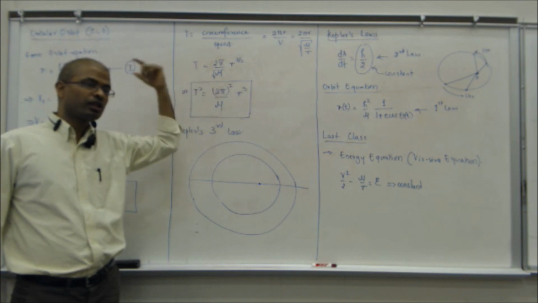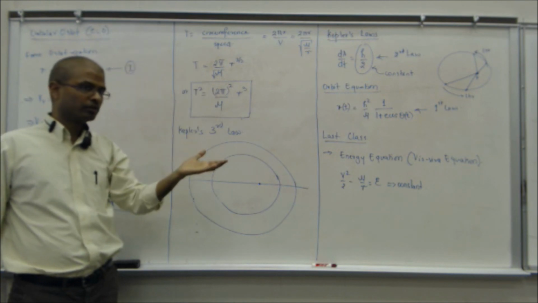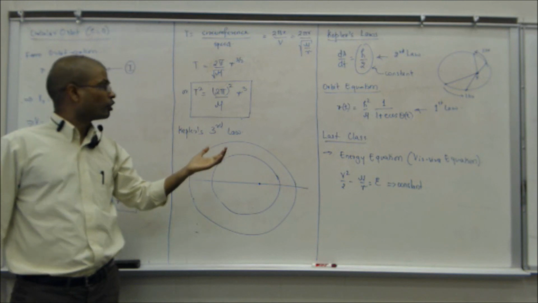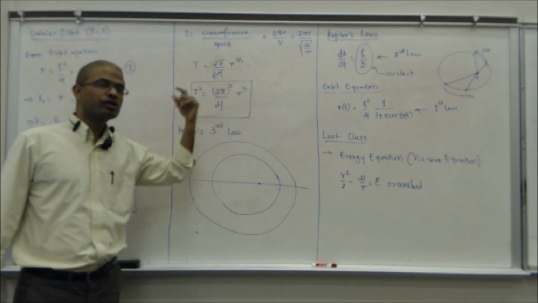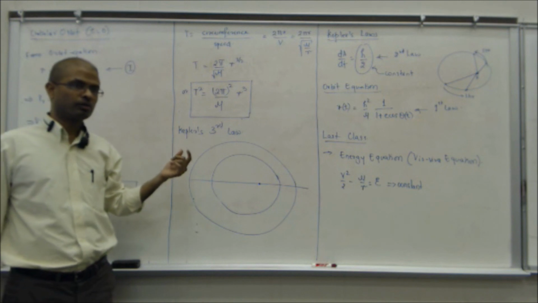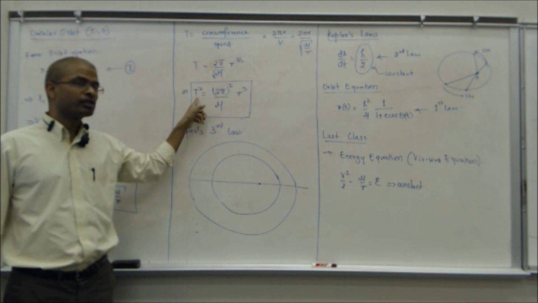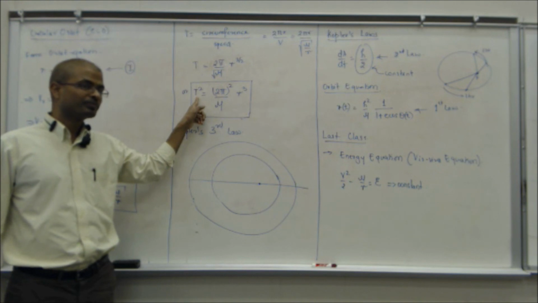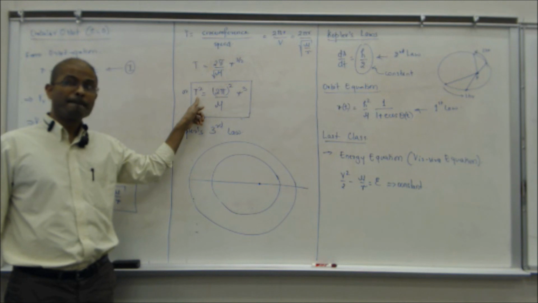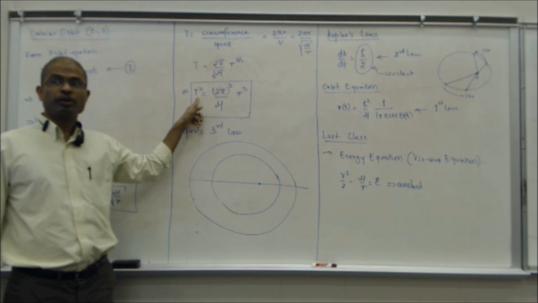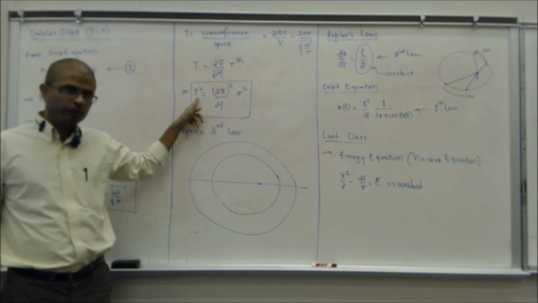365 is just a unit. Okay? What we need to know is, if you want to send something in a geosynchronous orbit, what do we need to know? This is known. What is this? If we want to send something in a geosynchronous orbit, what is this? 24 hours. Okay?